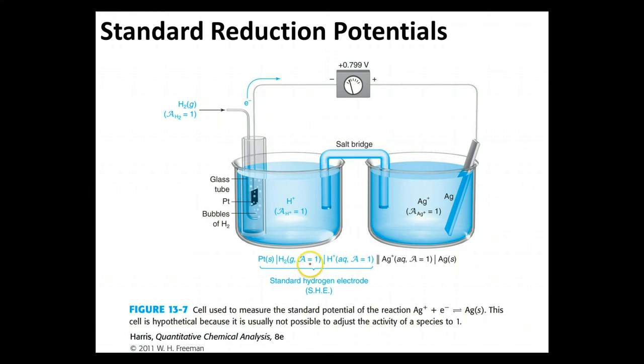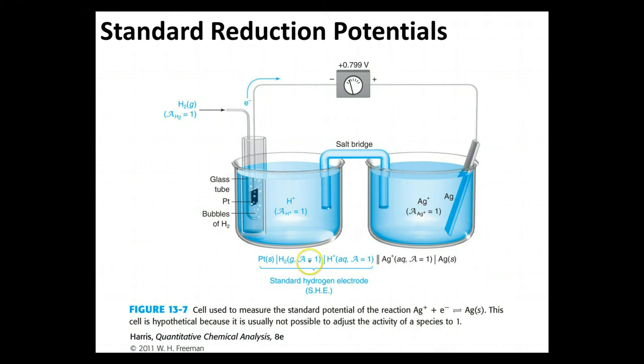When activity is equal to 1 and you're a gas, that means you've got to be at 1 bar of pressure, which is crudely speaking about 1 atmosphere. So we have that fulfilled, and because the activity is going to be 1, we don't have to worry about activity coefficients or anything like that in this description. Now, if we were trying to build it, we might have to care about that, but we aren't going to need to worry about it right now.